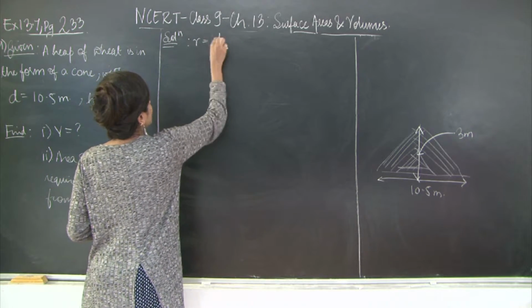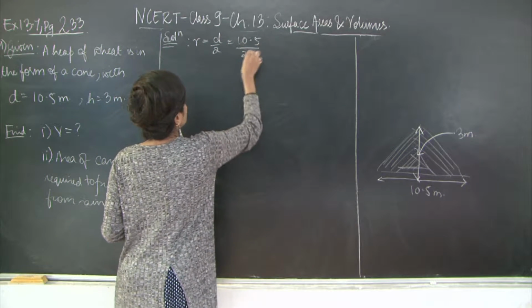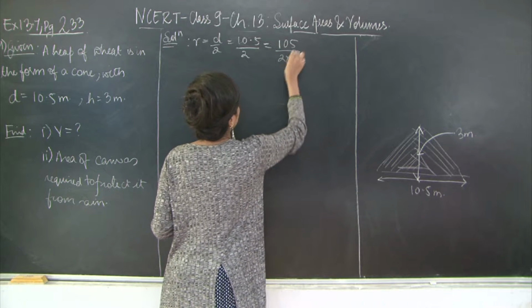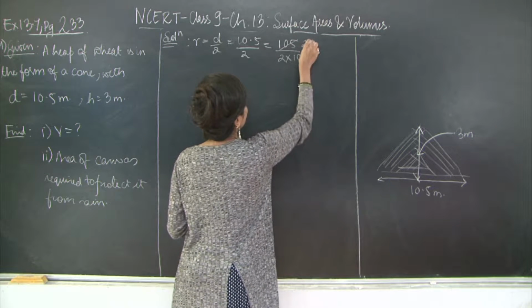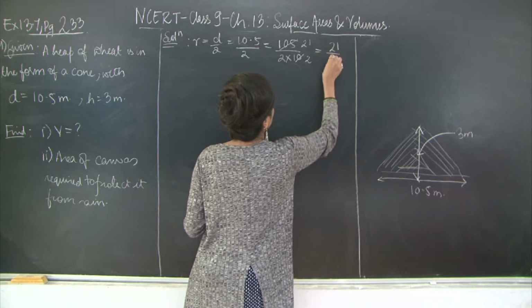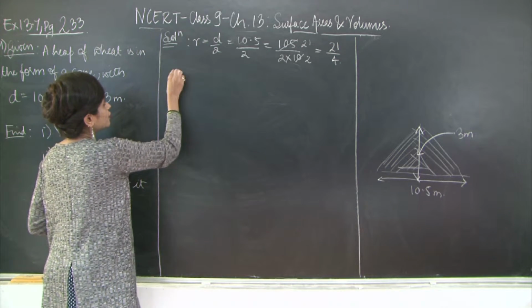I'll say radius is diameter upon 2, which is 10.5 upon 2. So simplifying, I'll say 105 upon 2 into 10. So this becomes 5 2s are 10, 5 1s are 5 and 5 2s are 10. So I get 21 upon 4. I'm leaving the radius as it is for now because we will need it further during calculation.